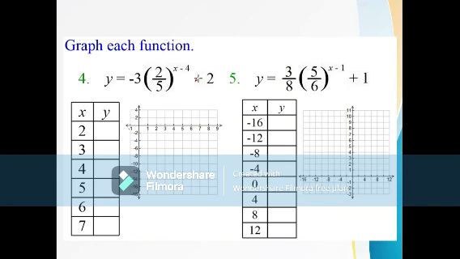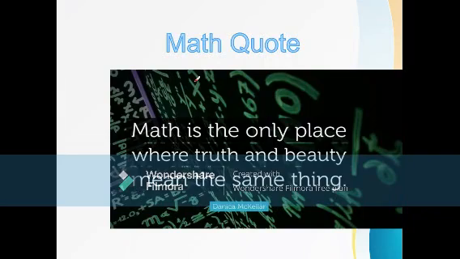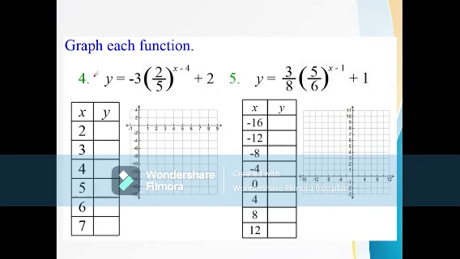Now this time you need to graph each function. This is for your assessment, number 4 and number 5. For number 4, you have y is equal to negative 3 times the quantity of 2 over 5 being raised to the power of x minus 4, plus 2.